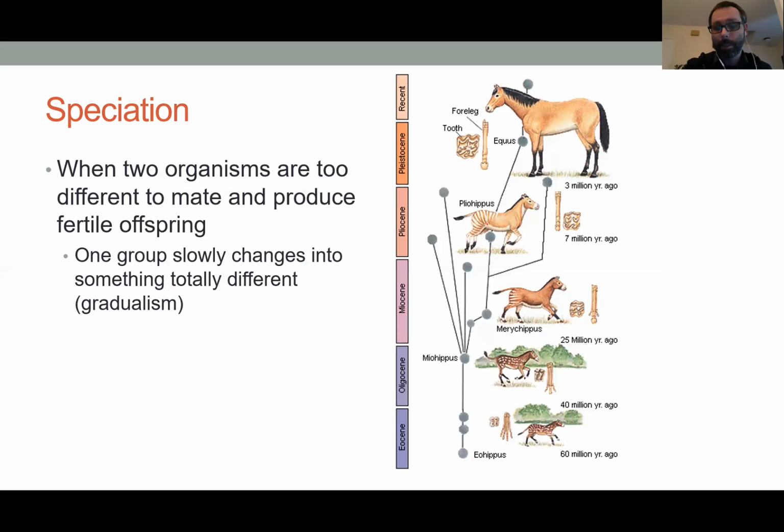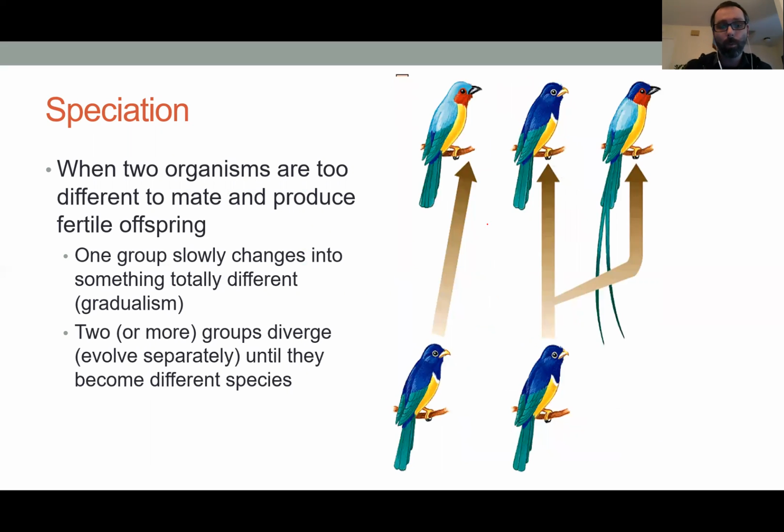But there's actually another way for speciation to happen. This is called divergence, where one group splits into two or more groups, and after they split, they eventually become different species thanks to natural selection, right? So on this image, you have both versions.